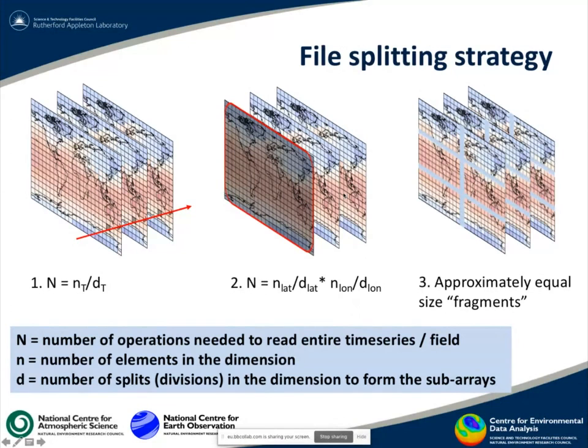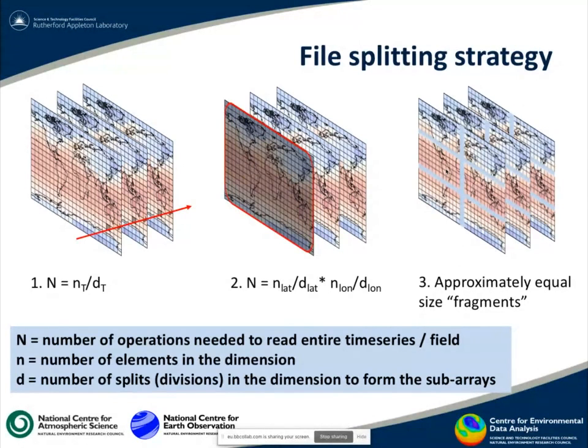And then there's an optimization algorithm that balances the two operations, the number of operations for each case, and then decides what size the fragments need to be. So it's just an optimization algorithm. It's nothing particularly fancy.